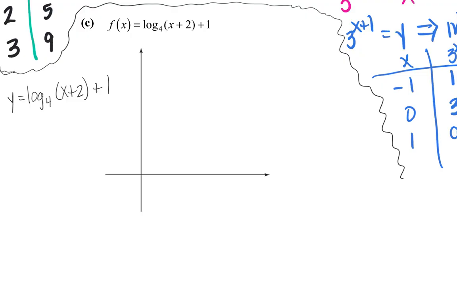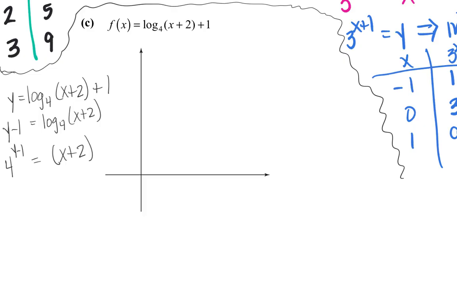So let's rewrite this. I'm going to move the 1 over, so y minus 1 equals log base 4 of x plus 2. So now I've got 4 to the y minus 1 equals x plus 2.